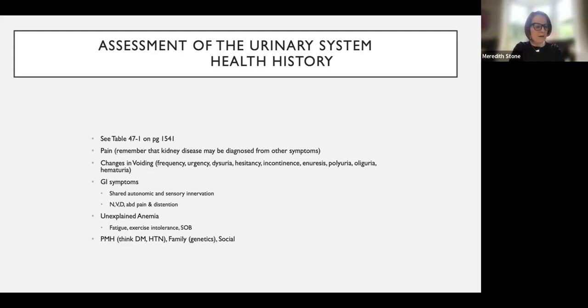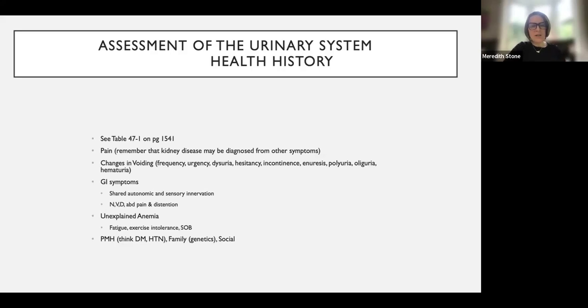It's not just about what you see, but what you ask. You want to ask about pain, and we did teach you CVA tenderness with the physical assessment. Everybody remember that technique, okay? With kidney disease, which we'll talk about, you can have pain.